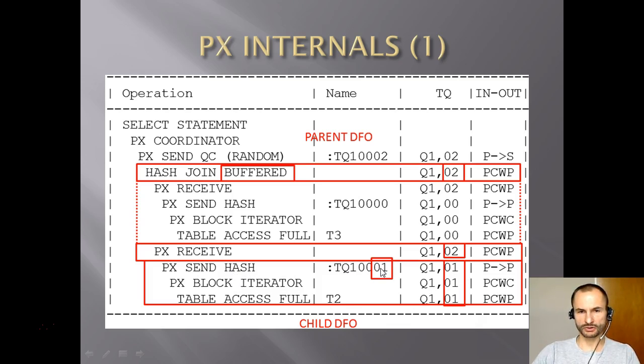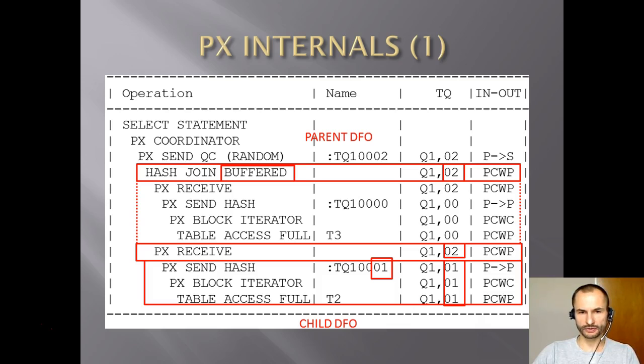We have another table queue here that will be used to exchange the data again between this child data flow operation, operated by the same parallel slave set that did this, and it will be sent to the parallel slave set that still did receive the data here, which makes sense because these are the sessions that have already built these in-memory hash tables. So in order to perform this join, the same parallel slave set needs to receive the data in order to perform the actual join operation.